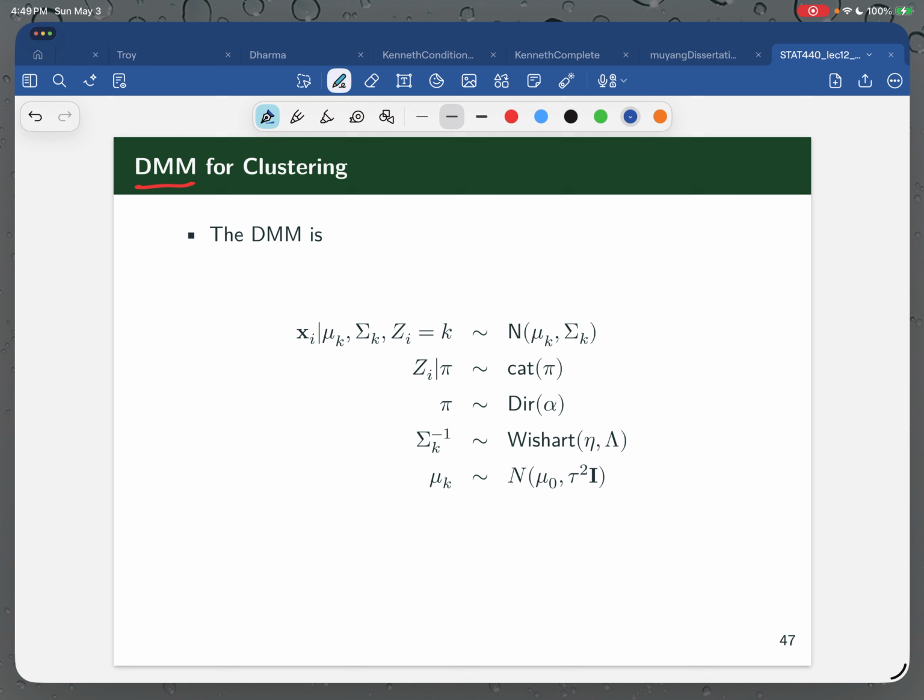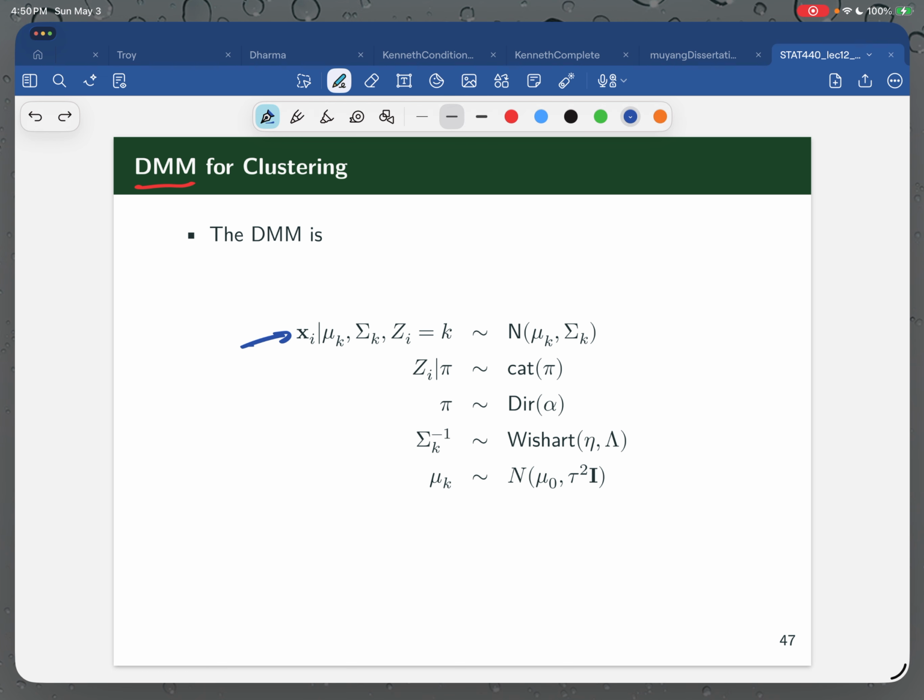We have each of our data points given the knowledge that Zi is in K. So what we're saying is, if I knew that data point Xi were in cluster K, then I would know that it has a normal distribution with mean mu K and covariance matrix sigma K.